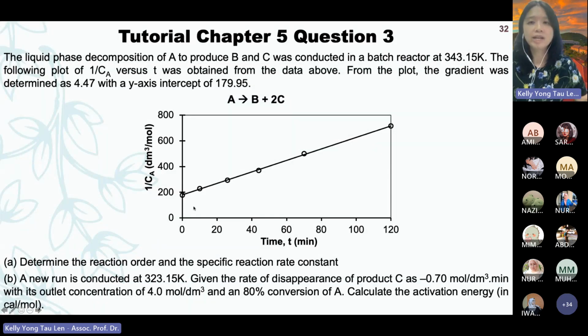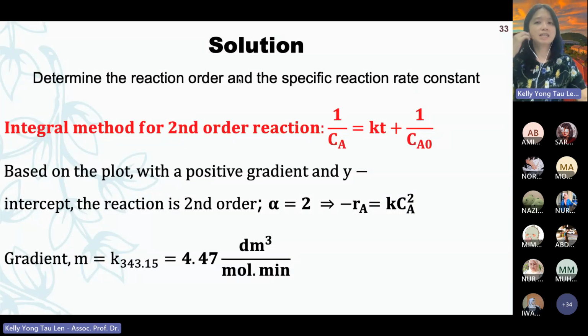Plot kita ada y-intercept dan dah ada pun diberi nilai y-intercept. So correct. So the plot fulfills the two requirements of which I have a positive gradient and I have a y-intercept. So if both requirements are fulfilled, you can conclusively say your reaction is second order with respect to A, meaning your alpha is 2.